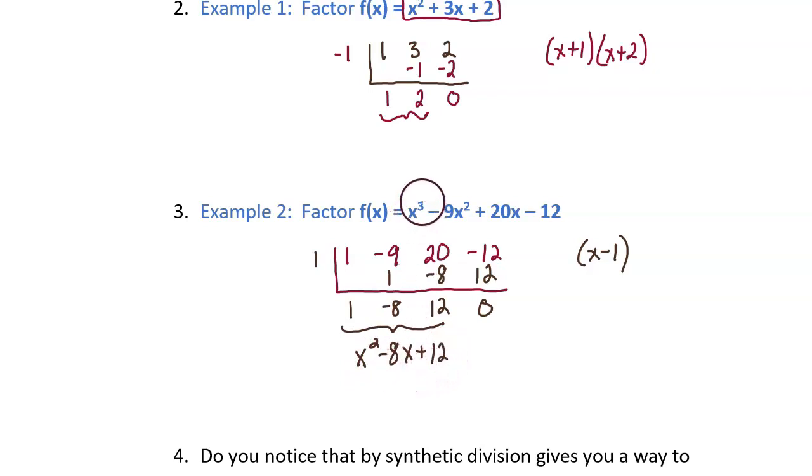Our original polynomial went to the 3rd degree, but we've reduced it to a trinomial that's only to the 2nd power. And we can factor this. x minus 6 times x minus 2. The -6 times the -2 is the positive 12, and the outer product and the inner product is the -8x.